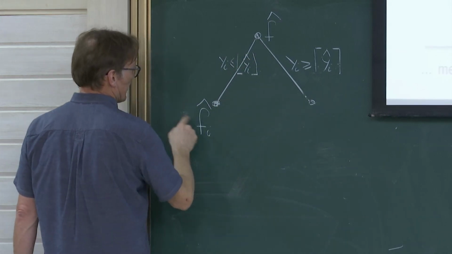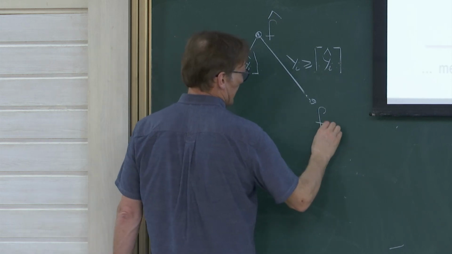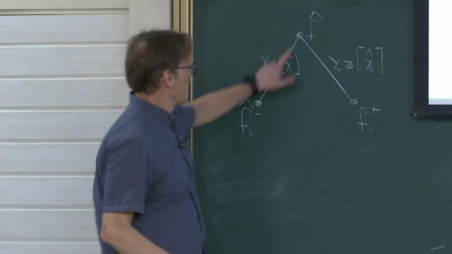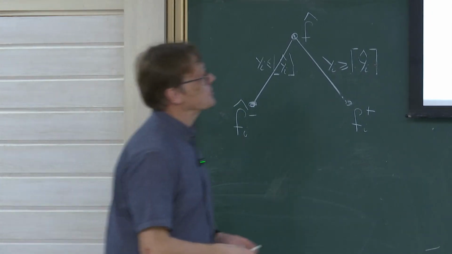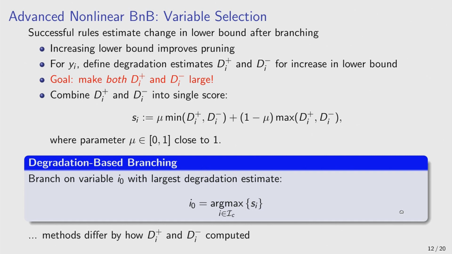So over here you get an fi branching down, and here you get an fi for branching up. And ideally what you want to estimate is how much do you change this bound? And so you can combine these estimates, and you can look at sort of the estimate.